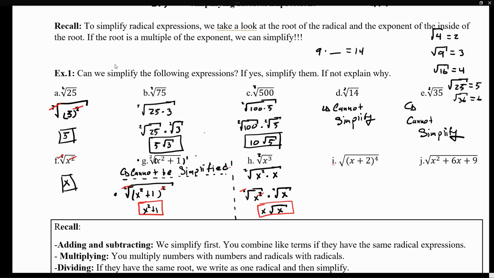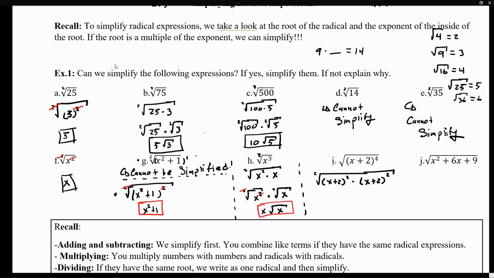Well, notice that in example I, we can rewrite the inside as any expression raised to the fourth, which is equivalent to having that expression squared multiplied by itself, 2 times. I want you to pause and realize that this is equivalent. Same expression, add up the exponents, that's equivalent to 4. So this is okay for us to rewrite it this way.